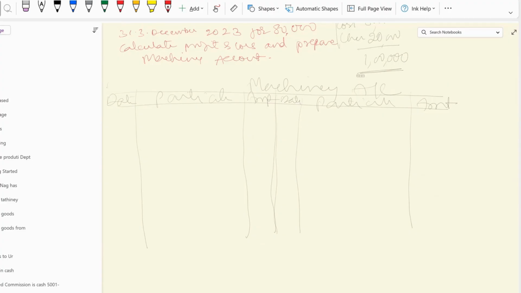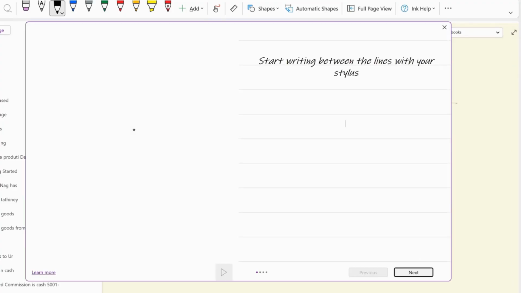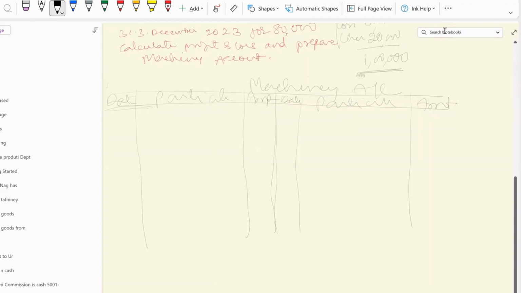I'm not understanding how to increase the thickness of this pen. Ma'am, near the pen, there is an arrow. This one.